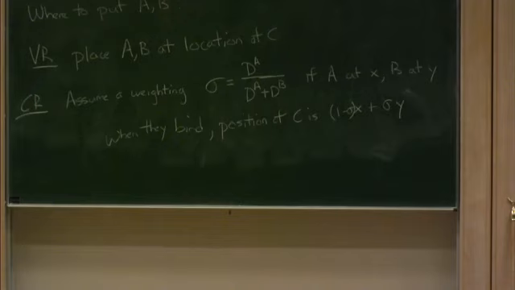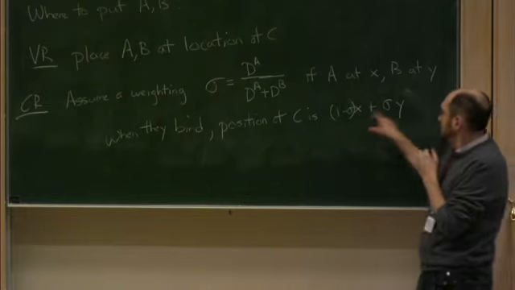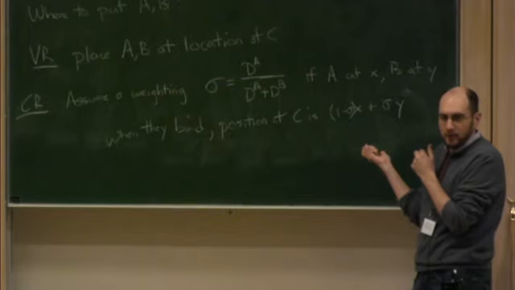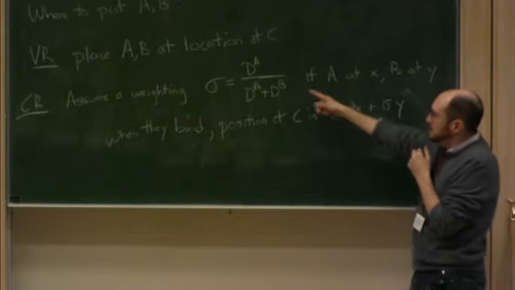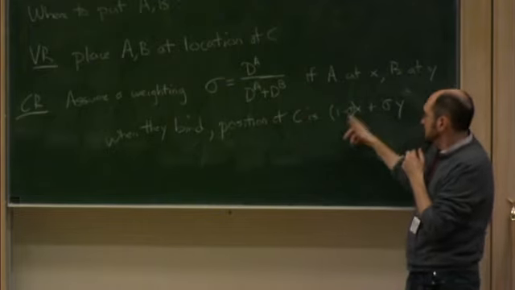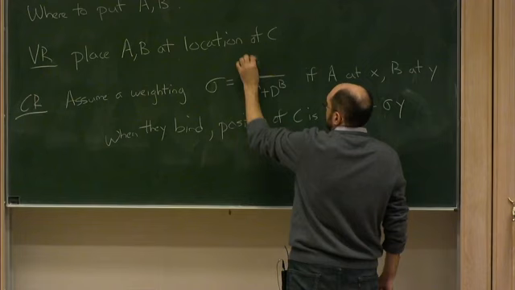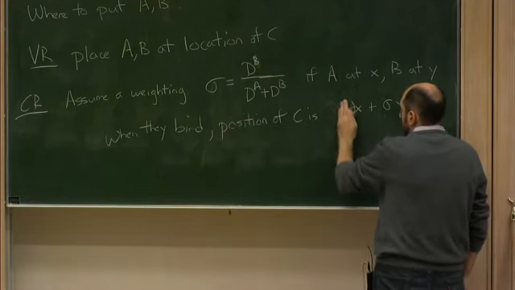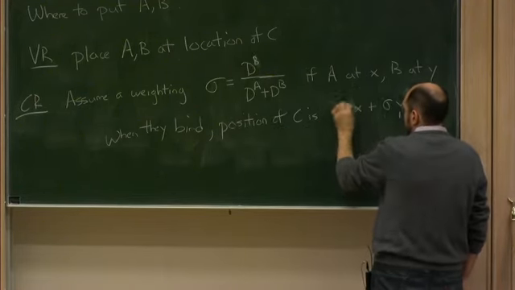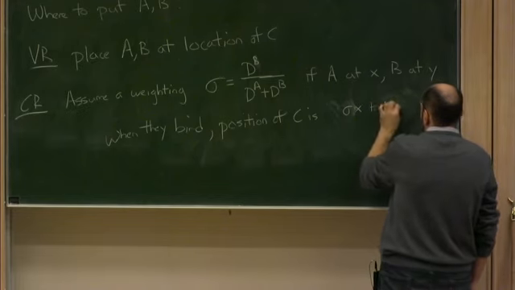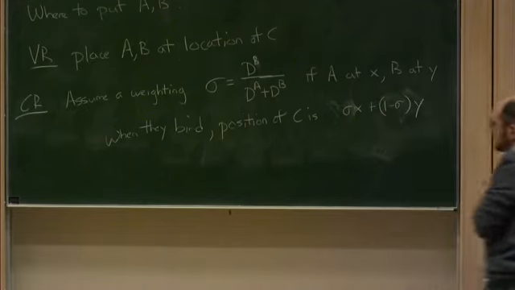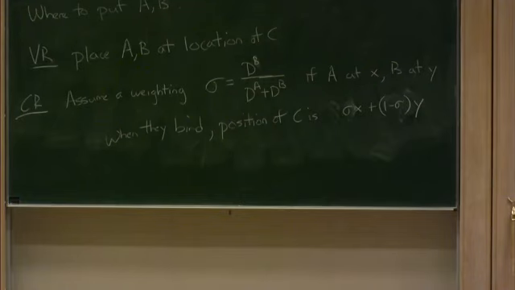You could, of course, just pick sigma to be a half, in which case you would just use the midpoint between them. I guess that's the choice that Smoluchowski would make, though you could make other choices. I'm going to write it like this to keep it consistent with my notes. So let's take sigma to be that, and that way the position will be chosen like that.